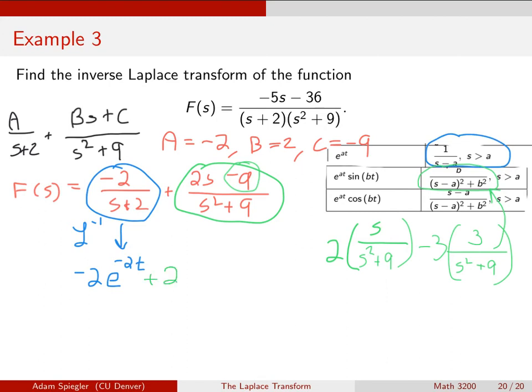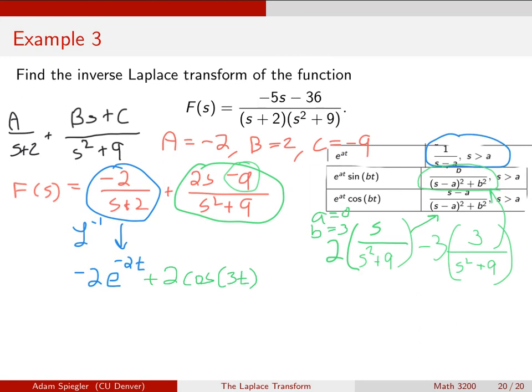So I'm going to get 2, and the inverse Laplace transform of this one matches up with the cosine, where we have a equal to 0 in this case, and b equal to 3. I guess I don't need that exponential term there at all. But this would give us cosine of 3t.